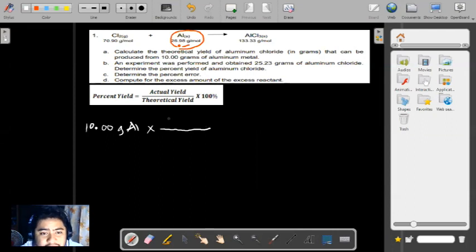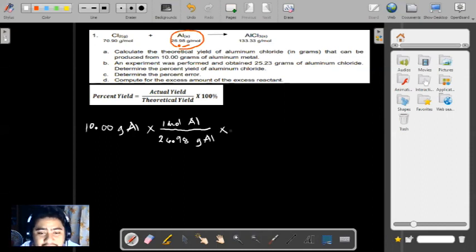So from that molar mass, we know that for every 1 mole of Al, there is 26.98 grams aluminum. Okay, so that's our first relationship or conversion factor.